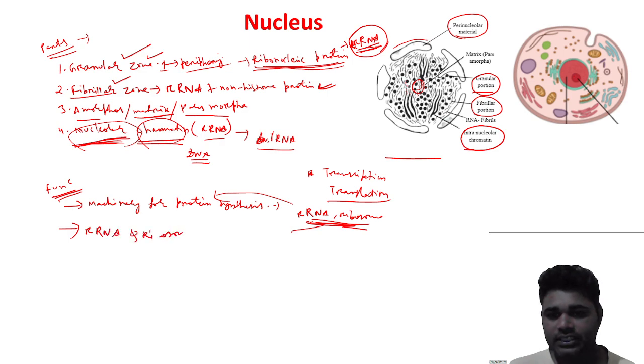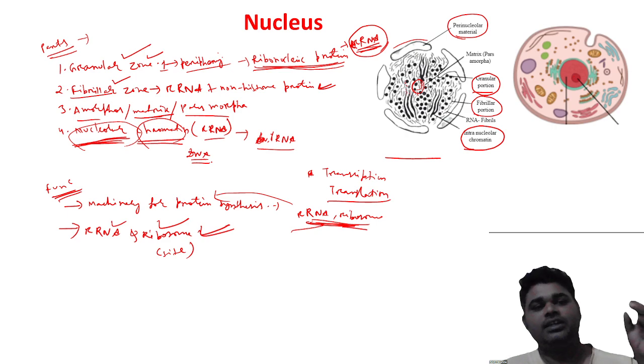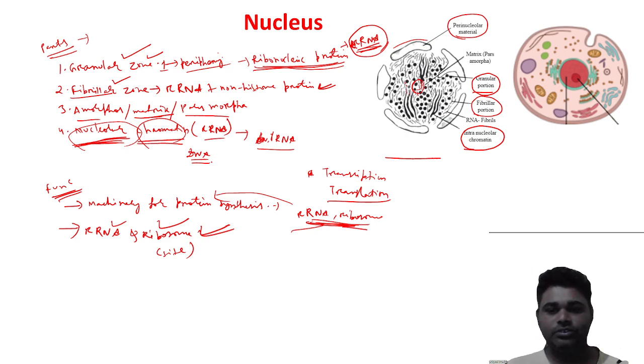So in the NEET exam, it is always asked what is the site of rRNA and ribosome synthesis. The answer will be the nucleolus. If in the options it is given as nucleolus, both, the answer will be nucleolus, because exactly inside the nucleolus the rRNA and the ribosomes are formed.